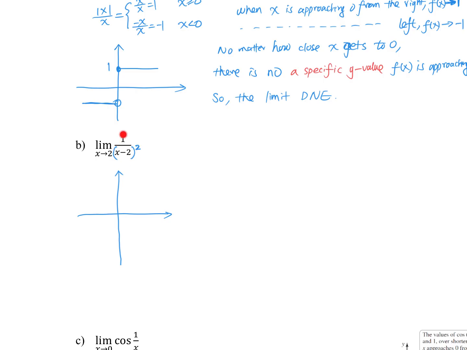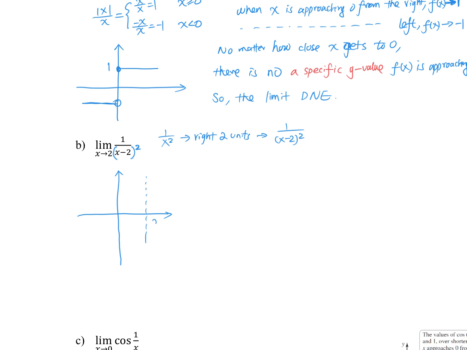It's just a horizontal shift 2 units to the right of the function 1 over x squared, right? So you shift 1 over x squared right 2 units, and then you get 1 over x minus 2 squared.